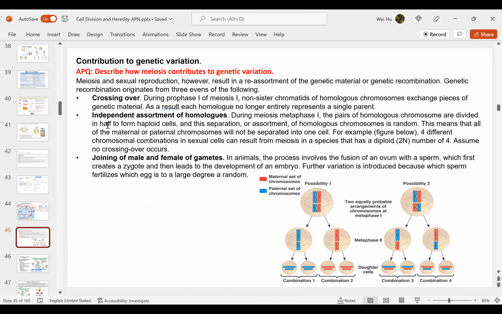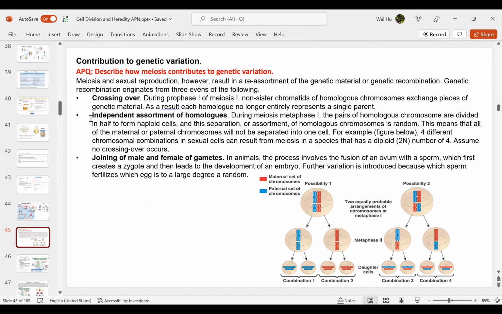Okay, so theoretically, none of the sex cells are identical because you can randomly separate. And also, join the male and female gametes, the fertilization is 100% random, unpredictable. So these 3 are major contribution for your genetic variation.